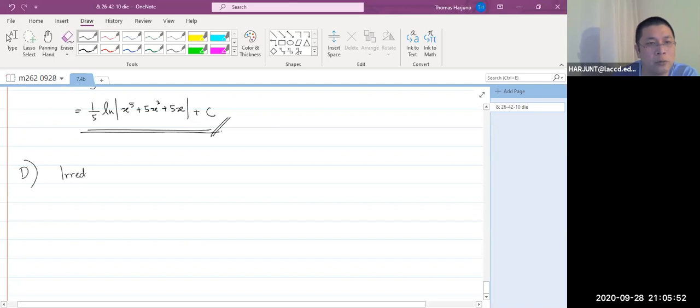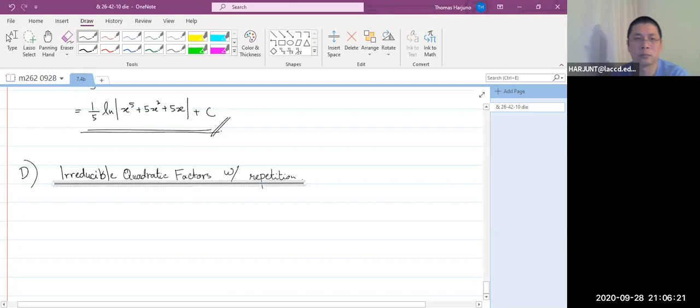Irreducible quadratic factors with repetition.